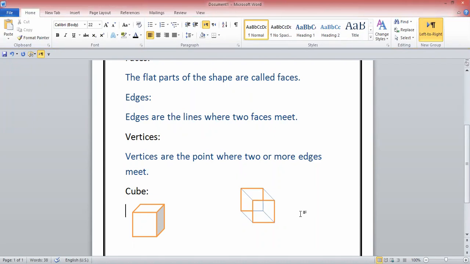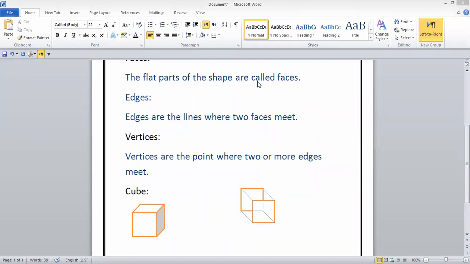In this way you can make a cube. Draw a simple square, then from the middle of it draw one more square, and then join the lines. In that way you can make a cube. But these two faces should be squares, you have to be very careful about that. If you cannot draw it, then draw it in that way. If you can, then no worries. Is that fine, guys?